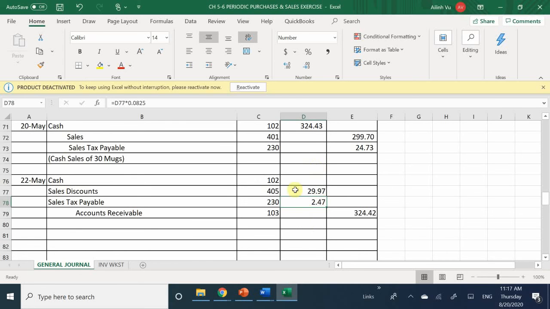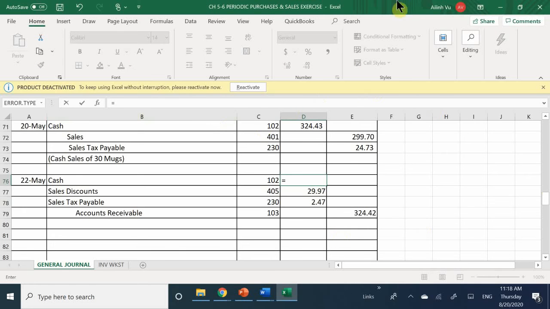So now that I have this, this is going to be taken off the amount that he owes us, right? Because he's at the store and he's giving us cash, right then and there we could say, wait, give me a second. You meet the discount period. Let me give you back your discount that you received and the tax on top of that. So what is he really paying us?